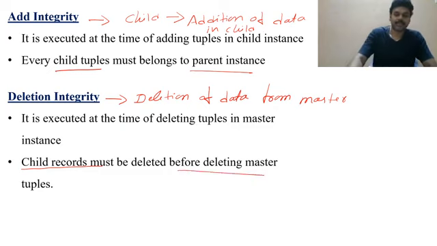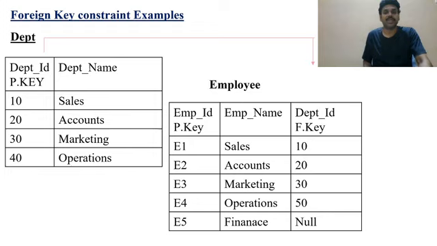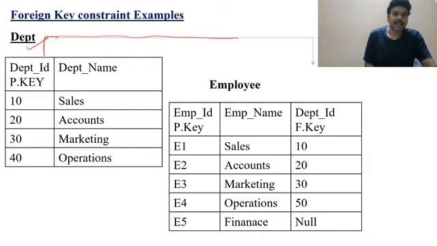Okay friends. Now let us see the examples of foreign key. Now observe carefully. Department is an instance which is defined as a primary key. I am taking it as a foreign key into the employee table. Now this department ID is acting as a foreign key.